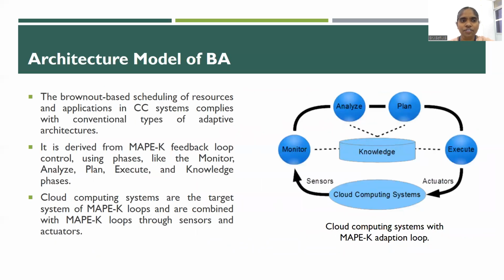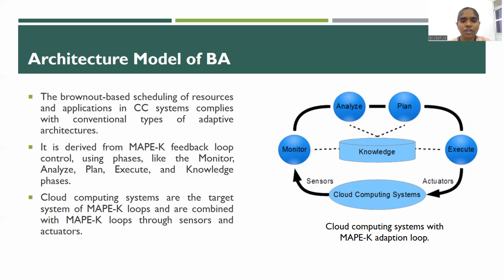So this is the architecture of the brownout approach. So here we are having MAPE feedback loop control. So here there are phases like the monitoring phase, analyze phase, plan and execute phase, and also the knowledge phase.